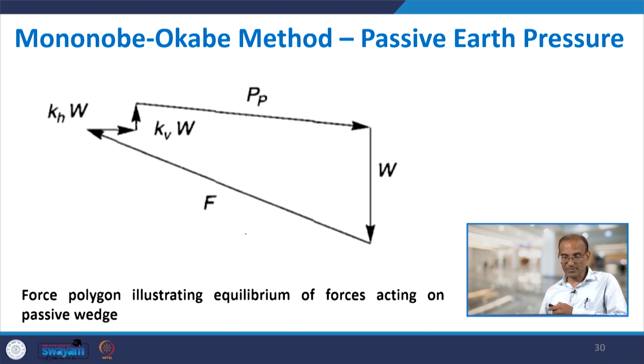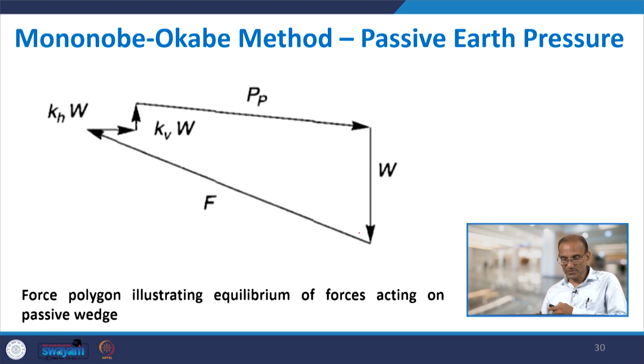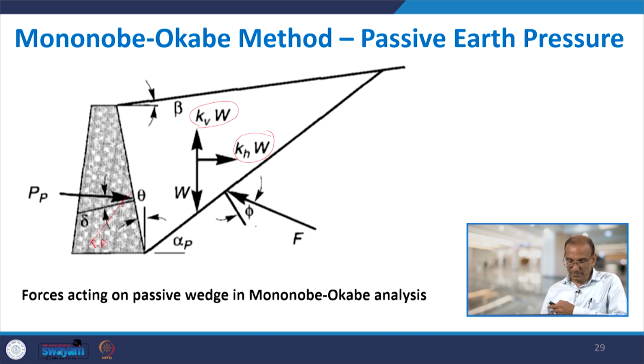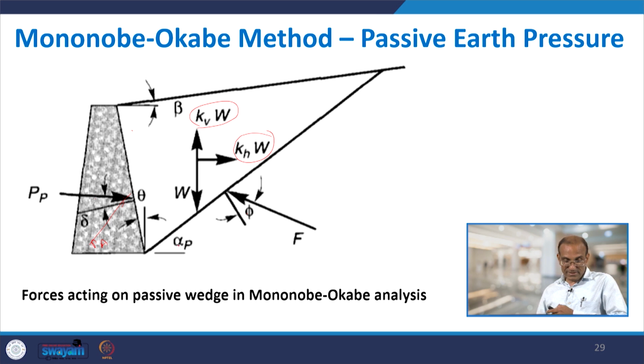So, first of all alpha p, and then if you draw the force polygon, F will be acting here, in this direction, and from that KHW inside and then KVW on top, and then you close the polygon from this. So, this is the direction of PP that can be found. What is the value of alpha p?